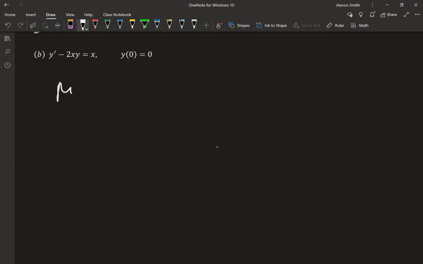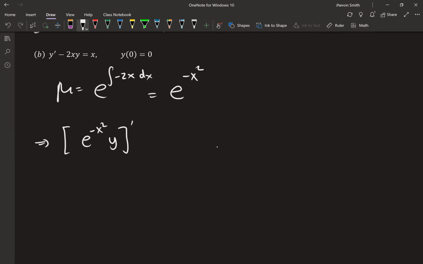So your mu would be e to the integral of minus 2x dx. This is, of course, going to be e to the minus x squared. This means that the differential equation can be written as e to the minus x squared times y all prime, and it would be the same as x times e to the minus x squared.